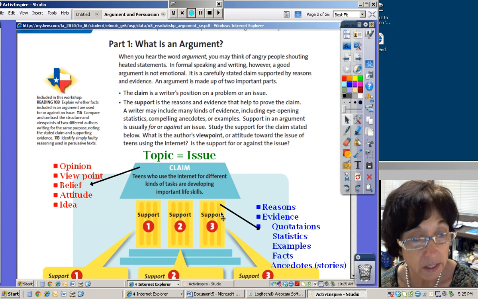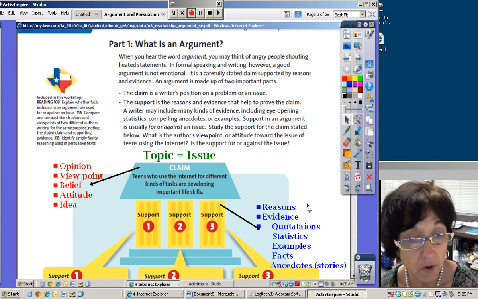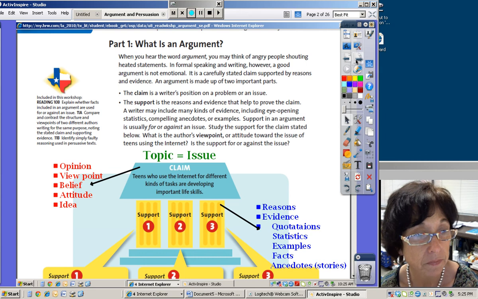Now, underneath the claim, when we go to the next page, you'll see that they have supported their claims with different types of support. You have reasons and you have evidence to back up the reasons. Types of evidence are quotations, statistics, examples, facts, and anecdotes, which are like little stories. Okay, so let's move on.